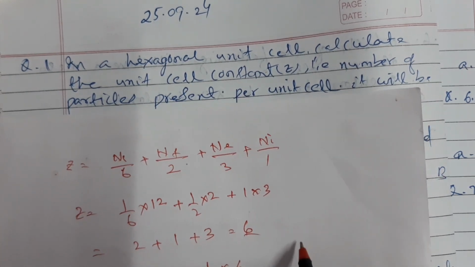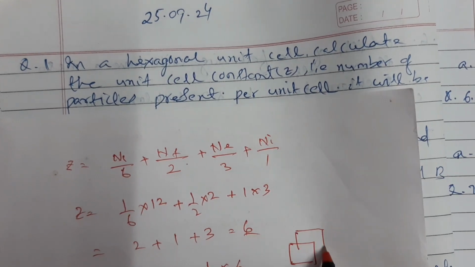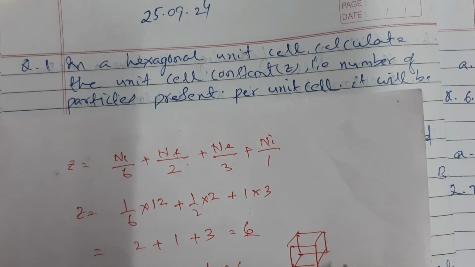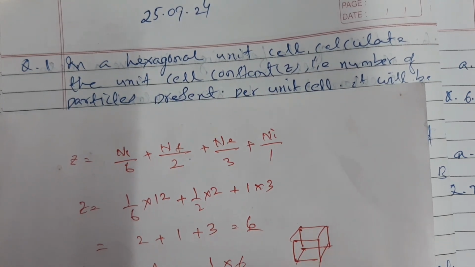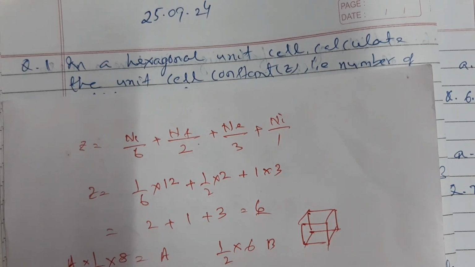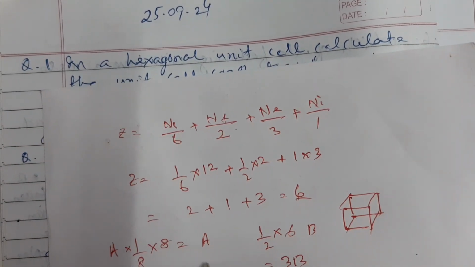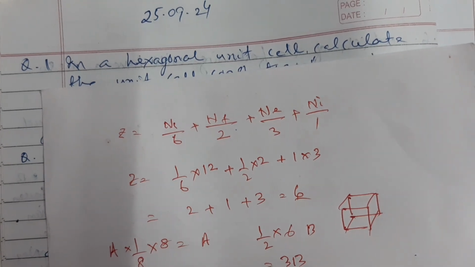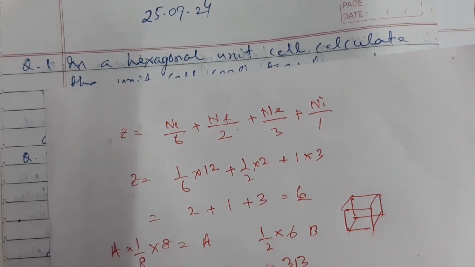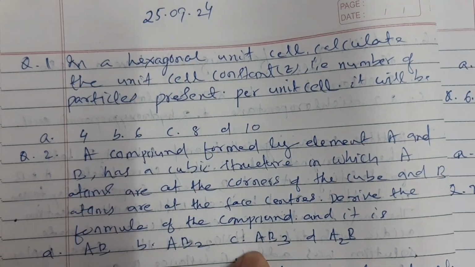So you see, this is the cube, and this cube has 6 faces. So 6 multiplied by 1/2 gives B, so you will get 3B. The ratio of A and B is 1:3, so the formula is AB3. Okay, so the choice is C.